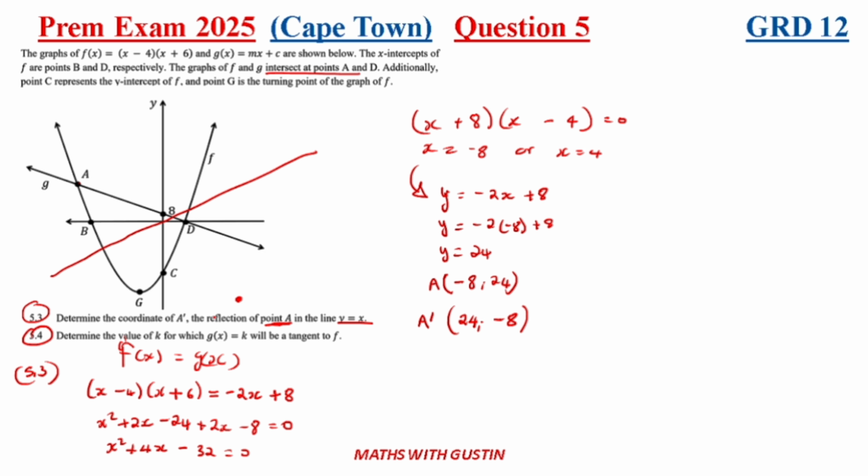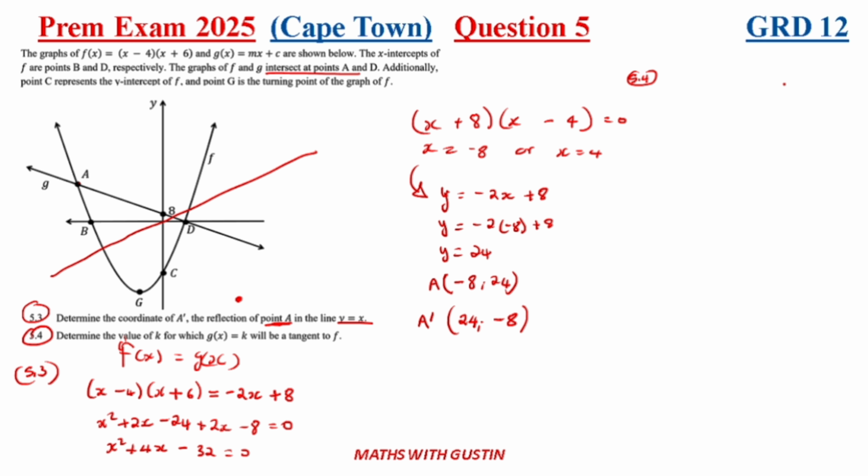So 5.4, determine the value of k for which g of x is equal to k will be a tangent. So now 5.4, they want us to calculate the value of k for which g of x will be a tangent.